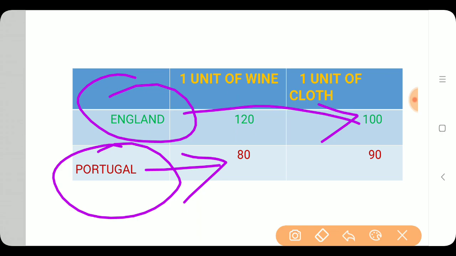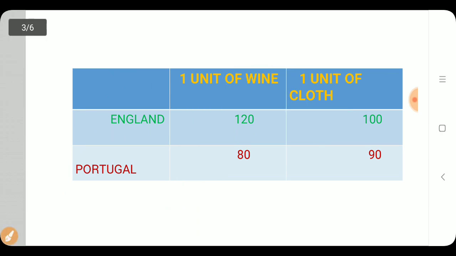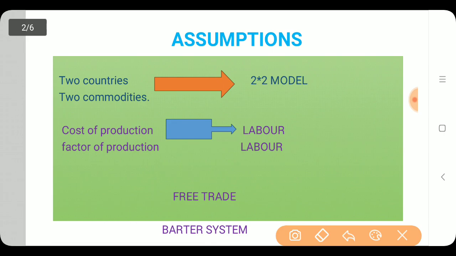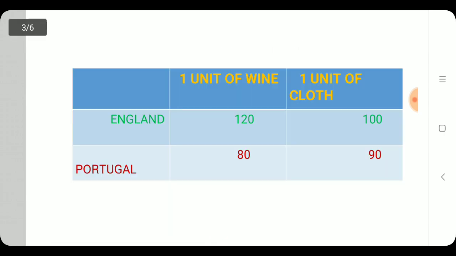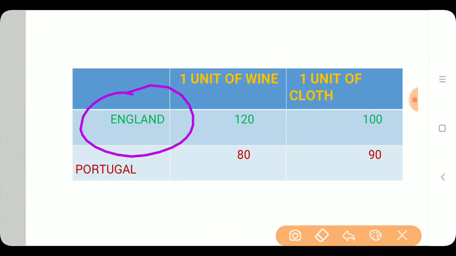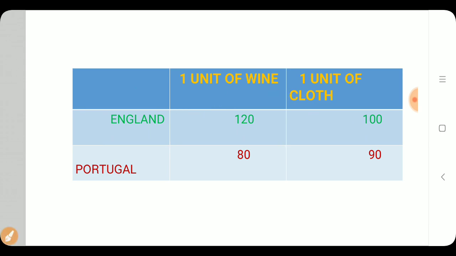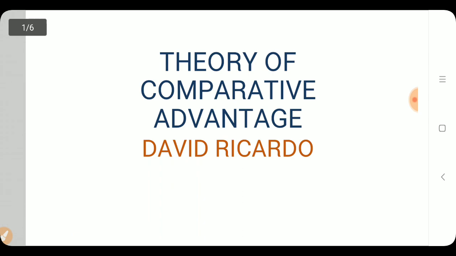Now, with regard to trade, Portugal will export wine to England, and England will export cloth to Portugal. So, in this way, trade will be beneficial for both the countries. Both the countries can produce a particular commodity and trade with another country. So this is the theory of comparative advantage. Thank you.